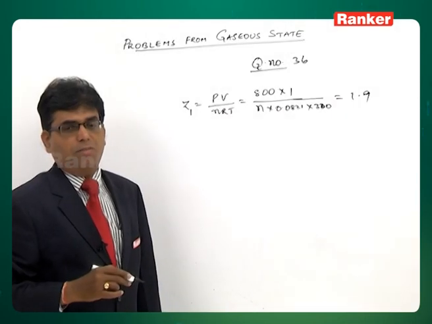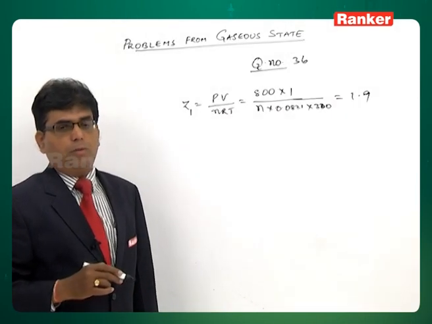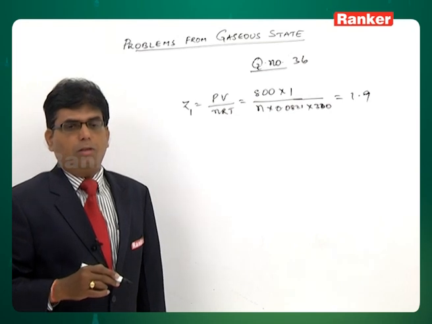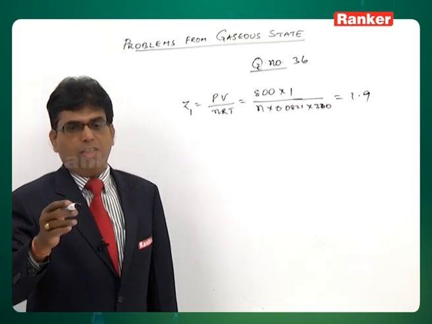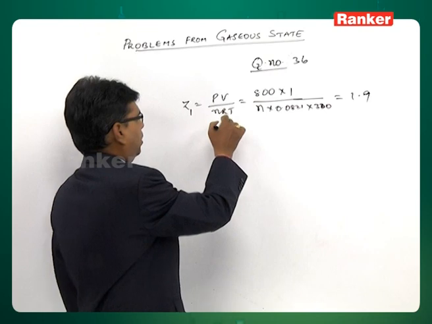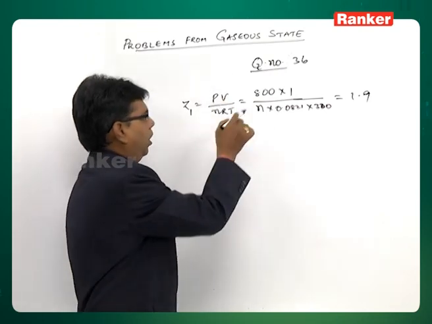And the second thing given is 1.1 at 570 Kelvin and 200 atmosphere. Again, if you do the same thing, the volume is not given.